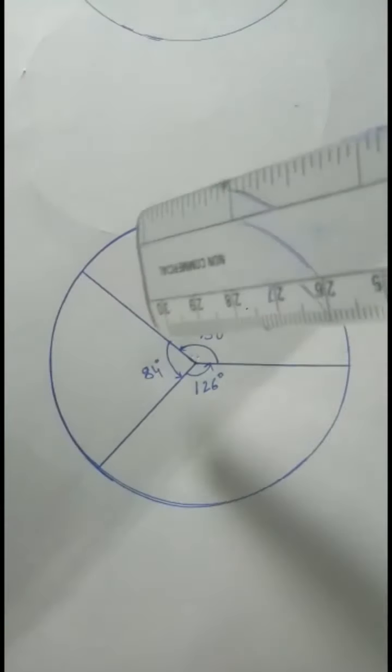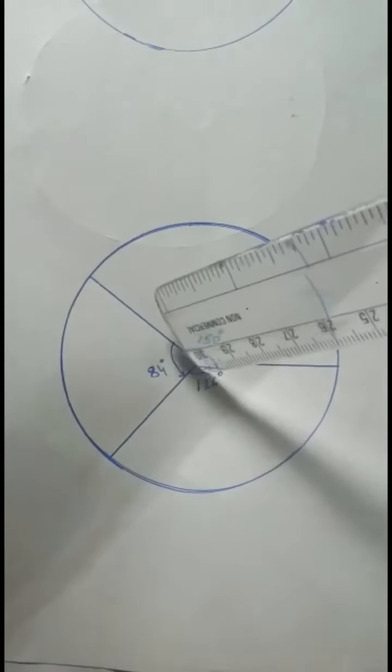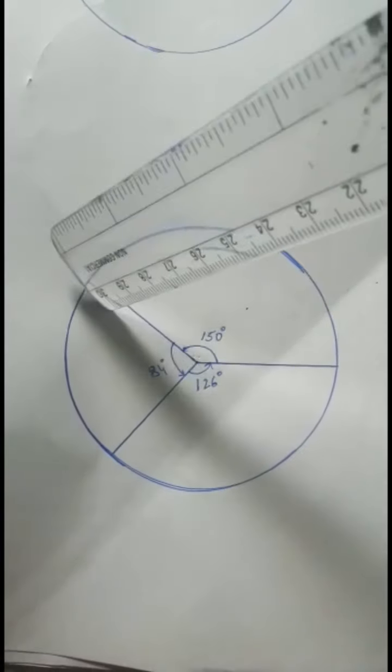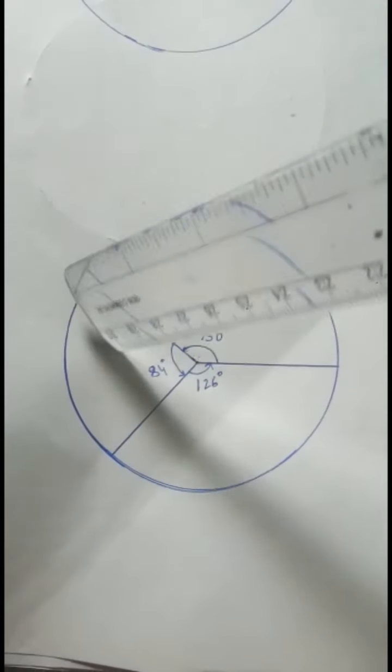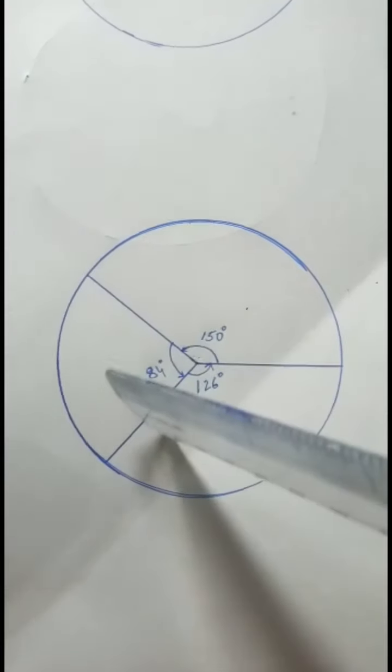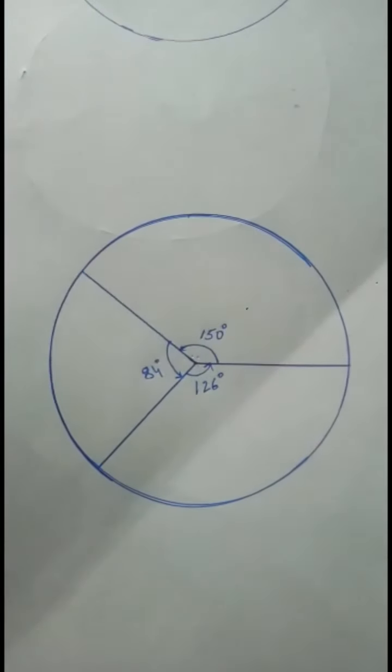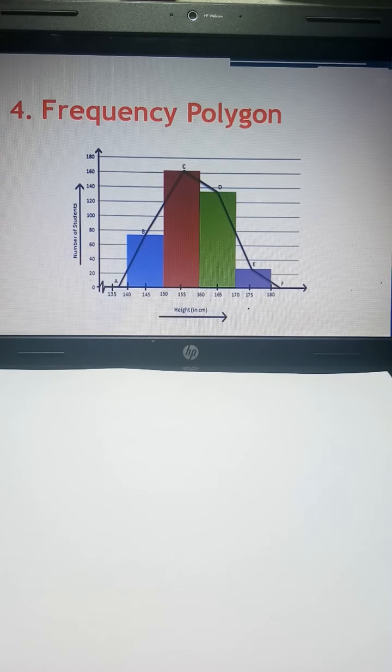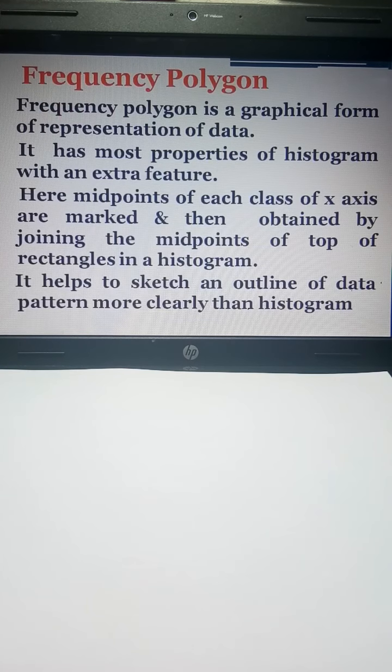After that, rotate your protractor, keep it here and measure the second angle. Then rotate your protractor here and measure the third angle. So in this way you can make a pie chart. It can be presented in the form of angles or in the form of percentages. Both are accurate methods.